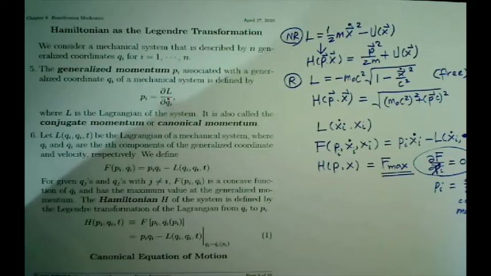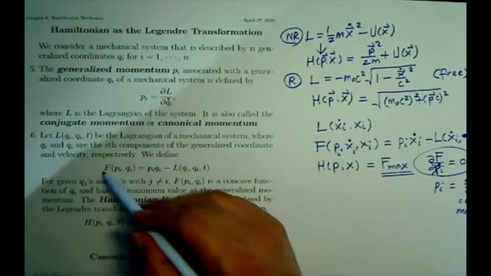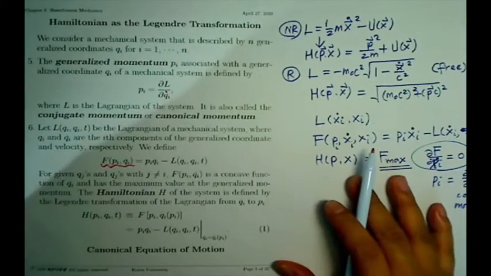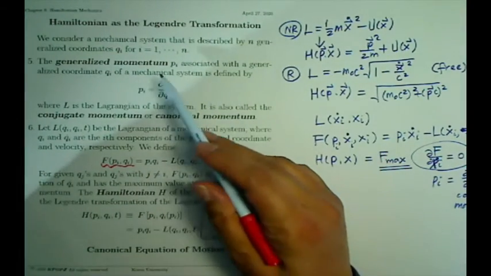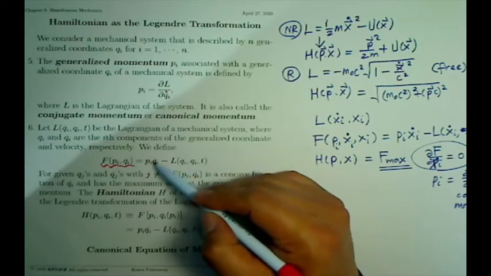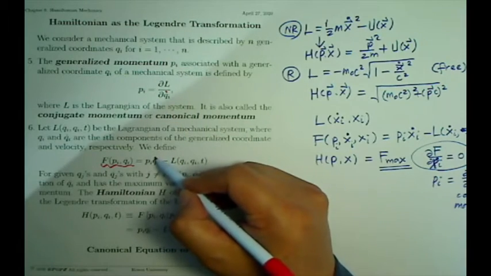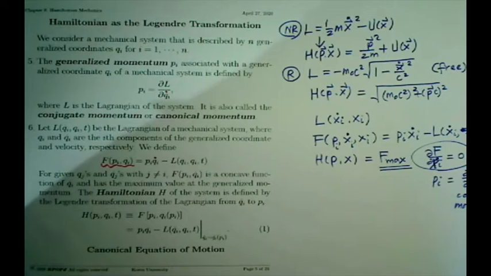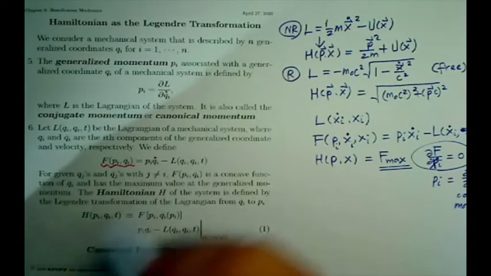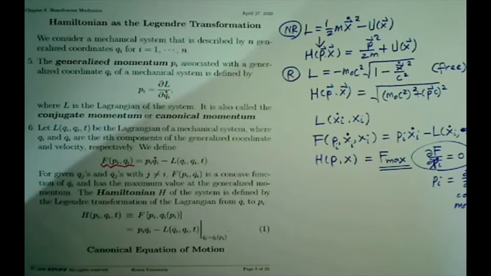And once you know this conjugate momentum, or so-called canonical momentum, then you can construct the f function. The f function is this canonical momentum multiplied by the coordinates' time derivative, and then subtract the Lagrangian. The maximum value of this f function is called the Hamiltonian.